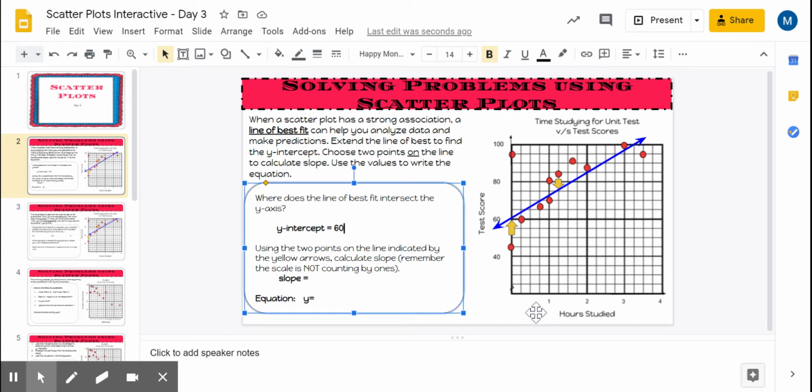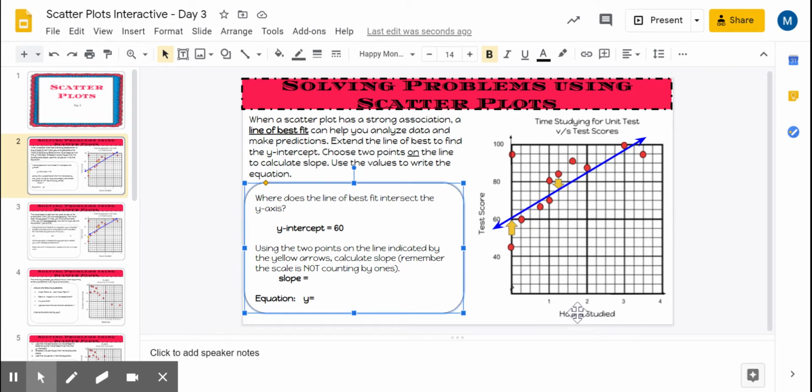And the x scale is a little more complicated. Hours studied. So if I put my little plus here at 1 and I go up to 2, that means these lines in between are some fractions or portions of time between 1 and 2.